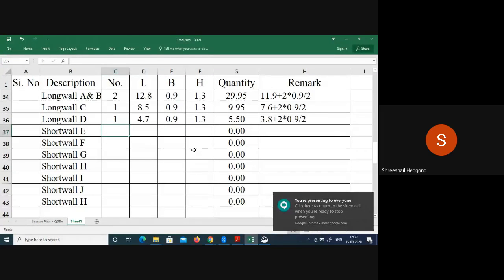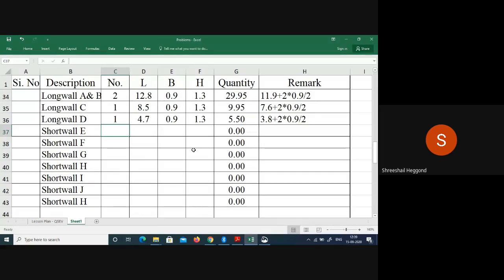Short wall E, that is living room short wall, vertical wall. That length is of 7.3 internal length. Center to center, if you are considering, it will be of 7.6. In short wall, you need to deduct it. 7.6 minus 2 into 0.9 divided by 2.